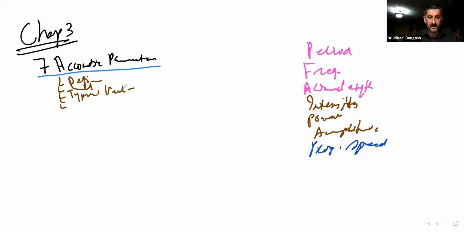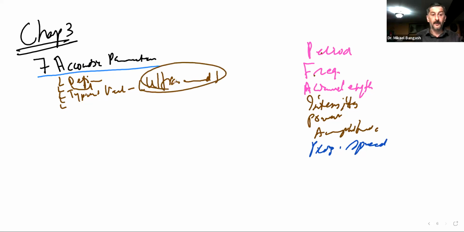Now here, this typical value is the typical value of whatever parameter that we are talking about in relation to ultrasound. Here, the typical value of any parameter that is being used, accounting for the ultrasound.